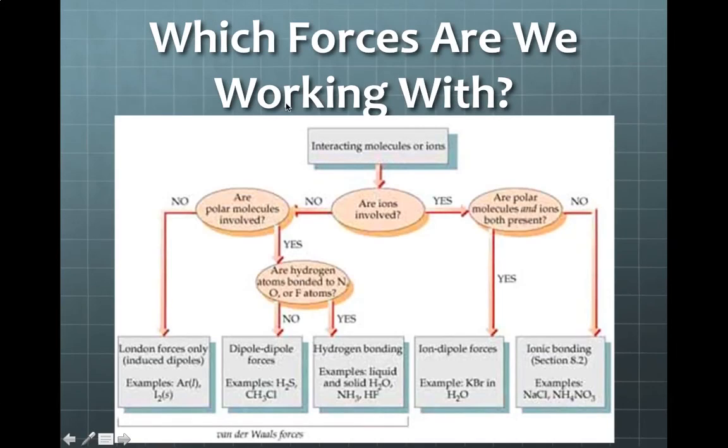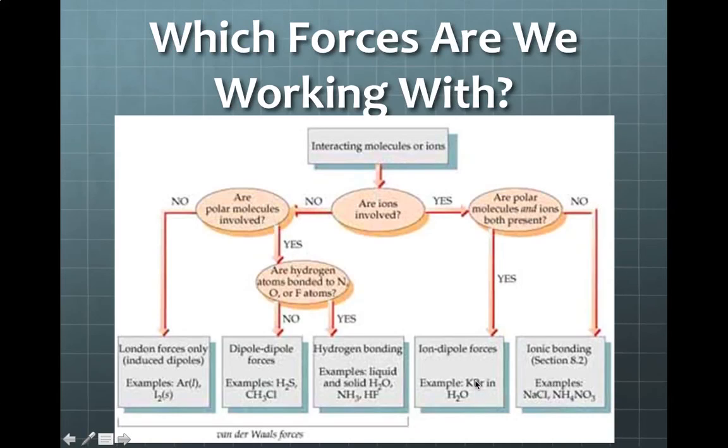So if we want to think about which forces we're working with, we first of all look at whether we have molecules or ions, and we ask ourselves if there are ions involved. If yes, there are, then we ask ourselves, are polar molecules and ions both present? If they are, we would call that an ion-dipole force, and an example would be potassium bromide and water.